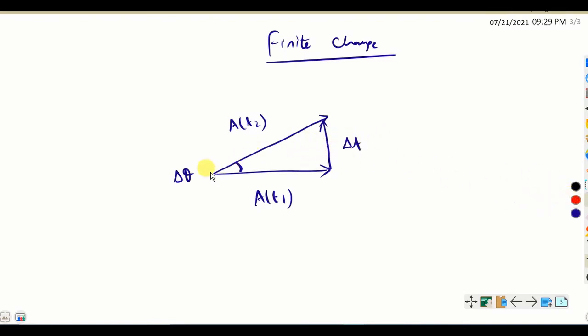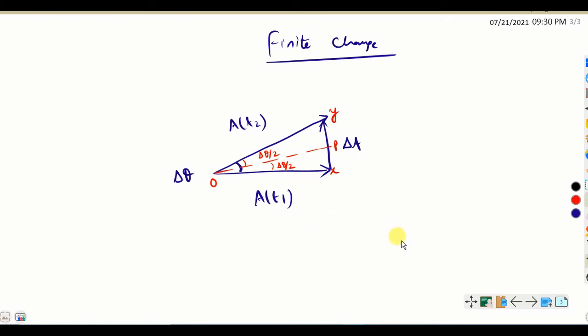What we can draw here is a bisector which bisects this angle into two halves, delta theta by 2 and delta theta over 2. Let's name the points O, P, X, and Y. Okay, now we can establish a very interesting result here.